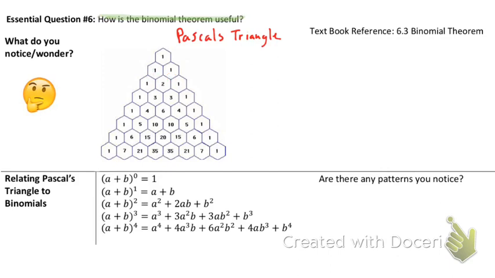To get the next row, same idea. The number 1 goes down. The number 1 goes here, 2 here, 2 here, 1 here, 1 here.